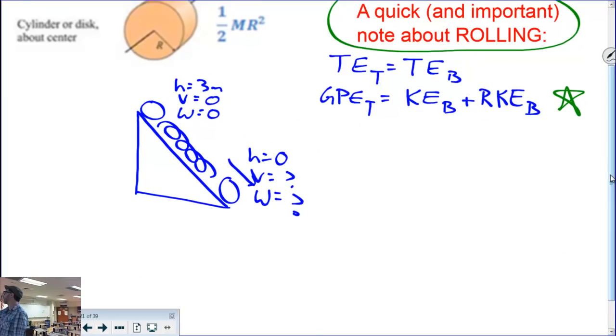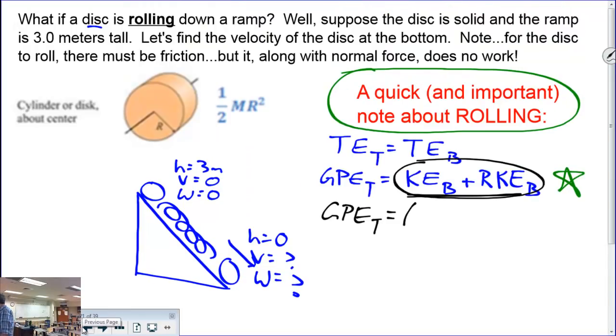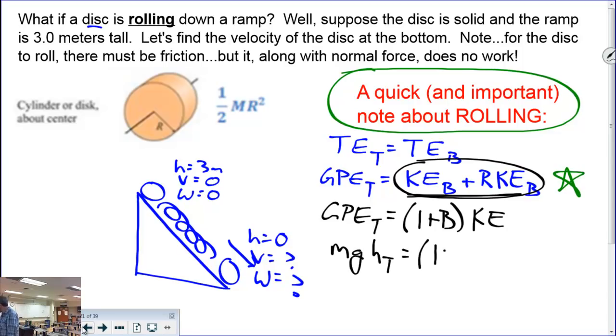All right, so let's go back to this problem here. What this means is the gravitational potential energy at the top is just my total kinetic energy, so this is just 1 plus b times our kinetic energy. Let's plug in our numbers. GPE at the top, that's m times g times the height at the top, equals 1 plus b times KE, which is 1/2 m velocity at the bottom squared.